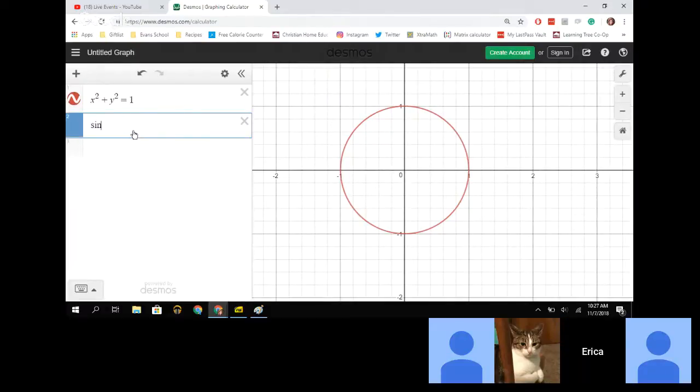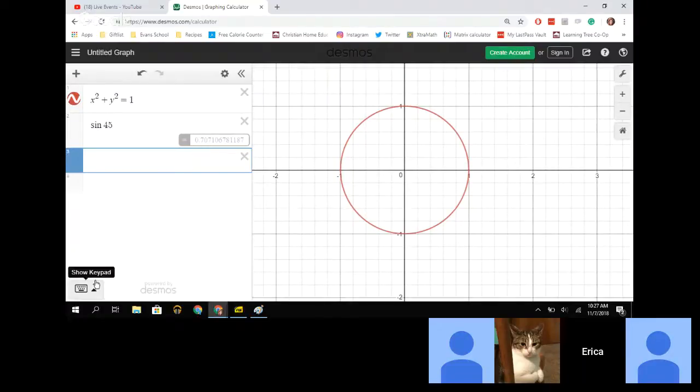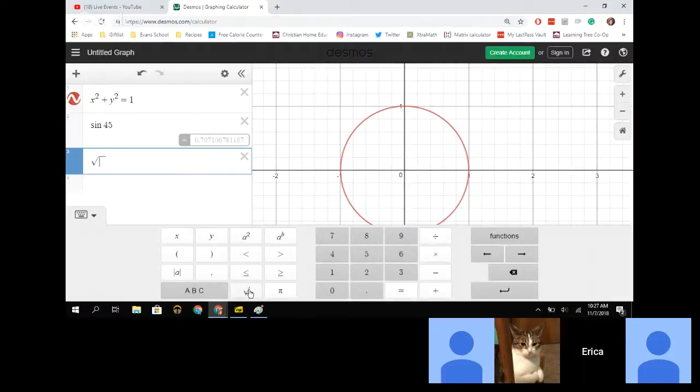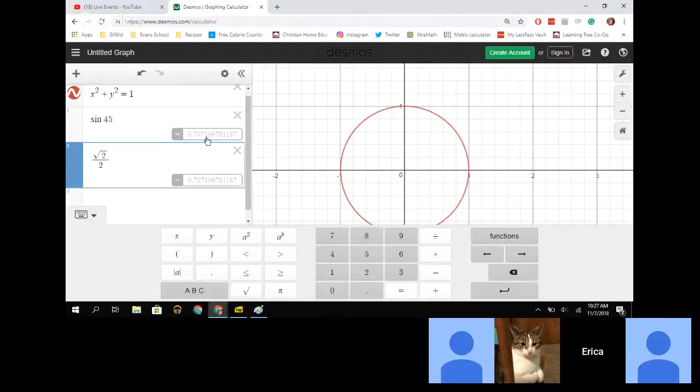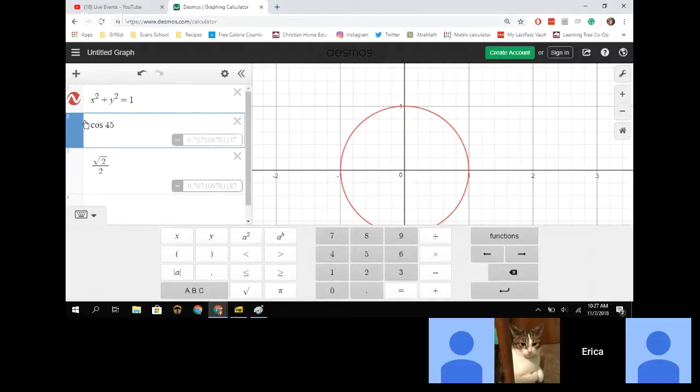So if I wanted to find the sine of 45 degrees, that's 0.707 whatever, which we said was the square root of 2 divided by 2. I figured out what it was without a calculator, right? By looking at a unit circle. And the same if you do the cosine of 45 degrees. And if you do the tangent of 45 degrees, we get 1.